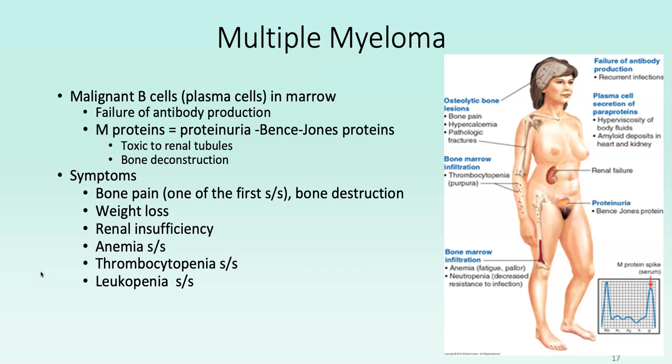Plasma cell secretion of the paraproteins leads to hyperviscosity of body fluids. We mentioned how this can affect the kidneys, but it also can affect the heart. So with the renal failure, you're going to see more protein in the urine. You might see anemia and neutropenia. This can be a very uncomfortable disease.